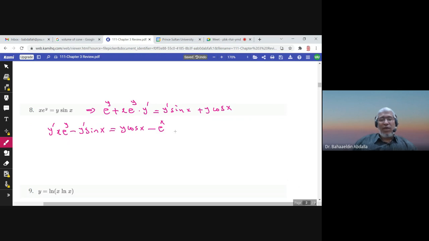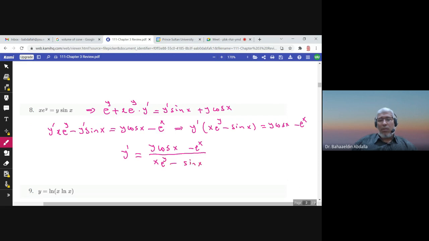And now you take y prime as a common factor. And then we divide, and we get y prime equals x e^y minus sine x.